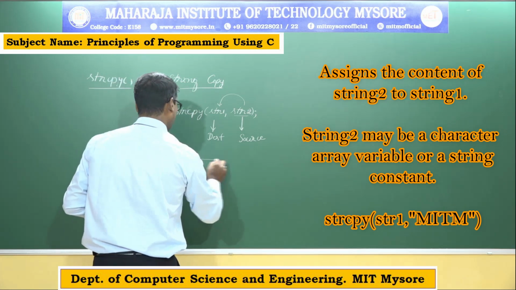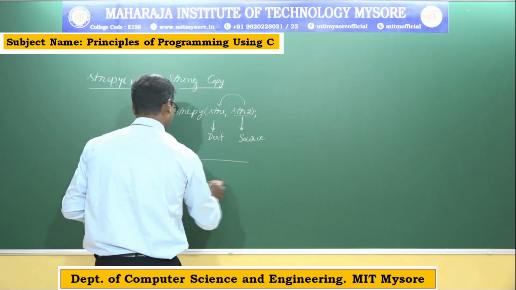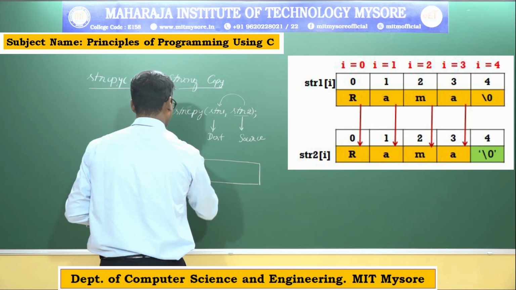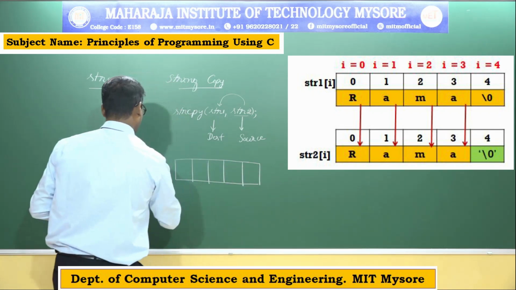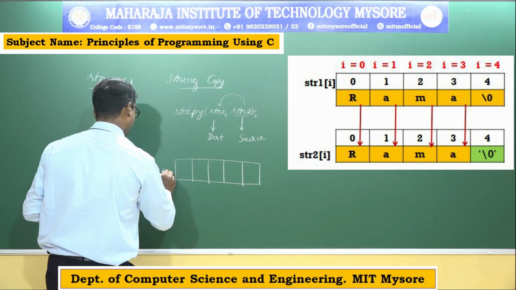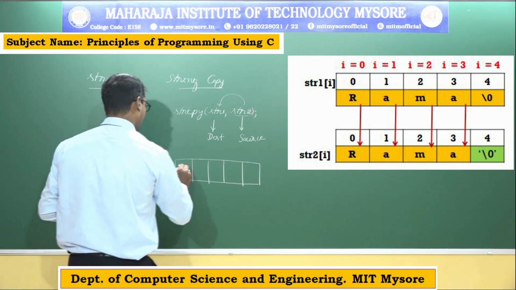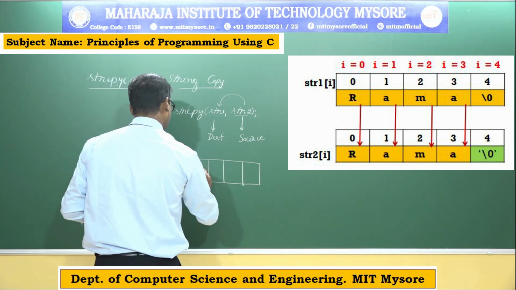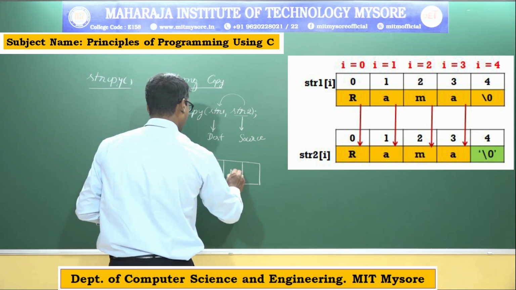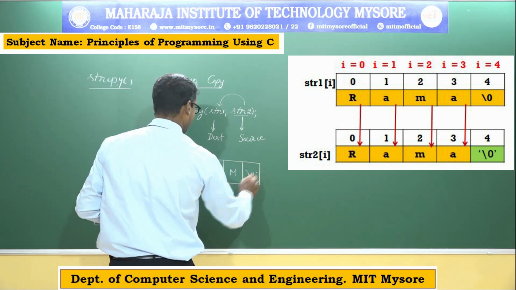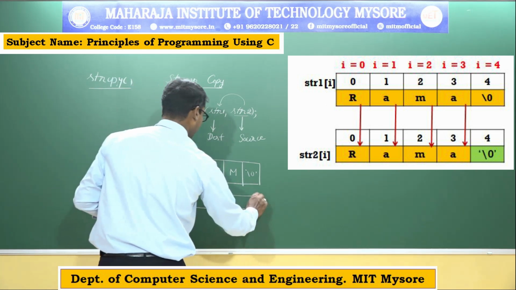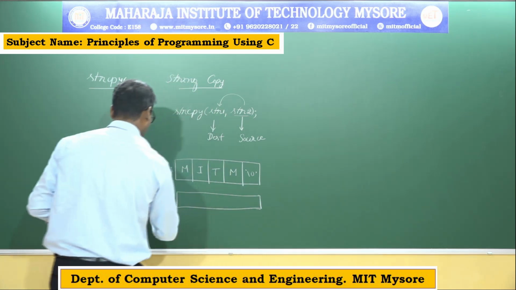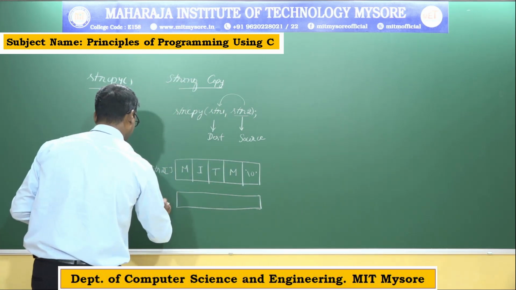Now we consider two strings. The source string is str2, and the content of str2 is mit, and the last character is a null character. The destination string is str1.